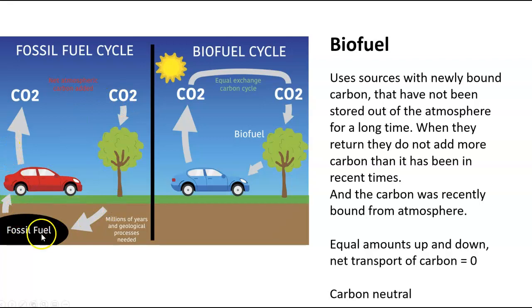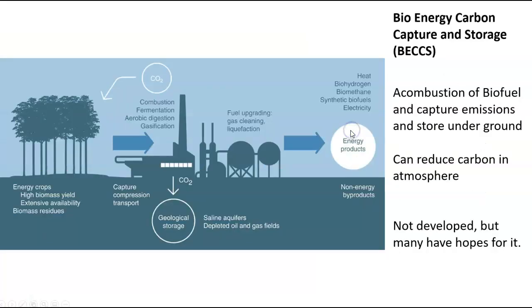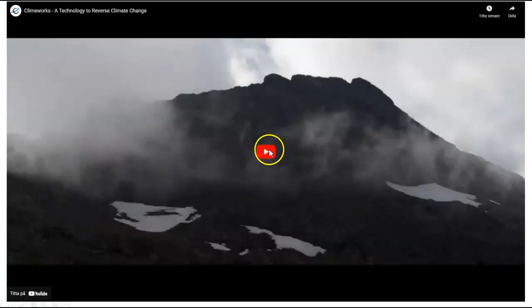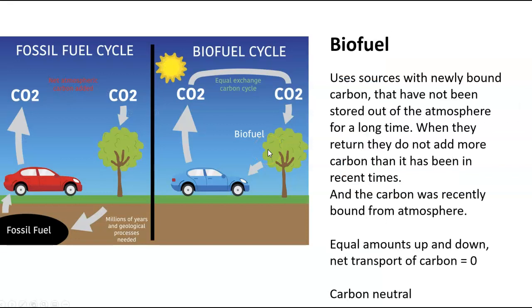Any use of these will add net carbon to the atmosphere. However, this is still decades, and we don't have decades at the moment. So that's the big controversy regarding biofuels, that we don't have the time to consider net zero emissions from biofuels.